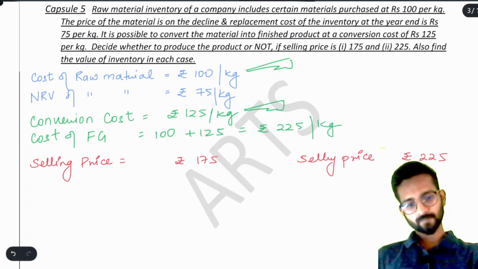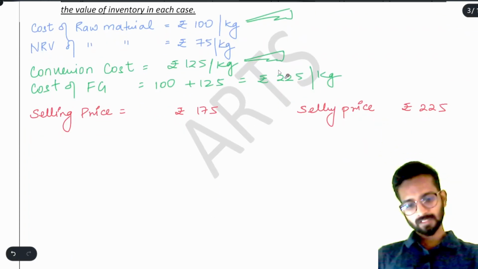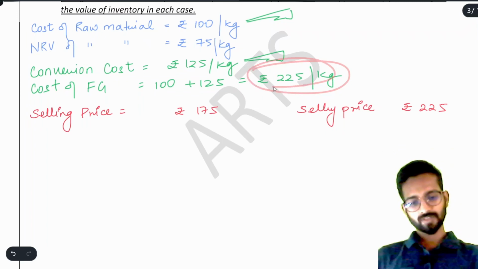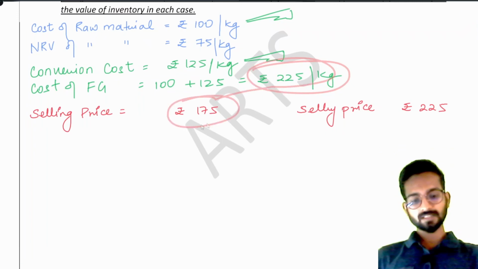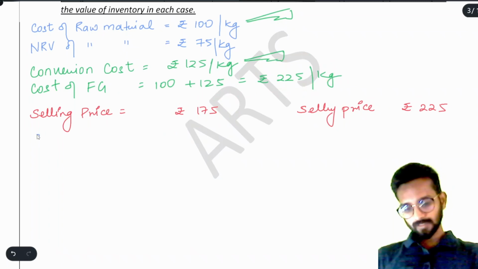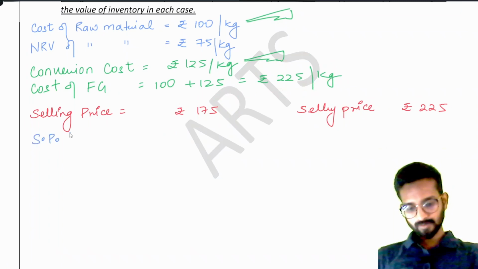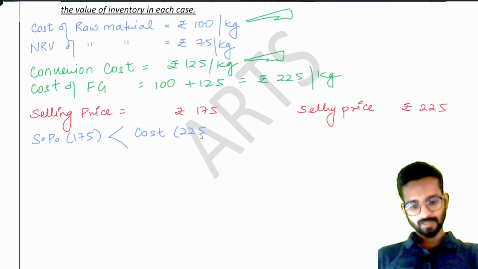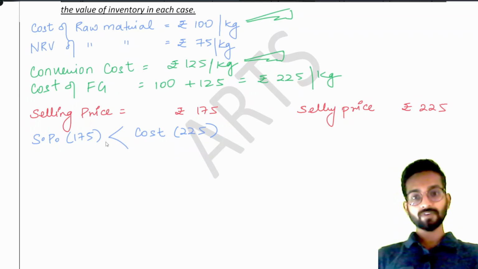Okay, now understand this. The cost of finished goods is 225. Selling price is less than cost. It means I will write here selling price of 175 is less than cost of 225. This is of finished goods.